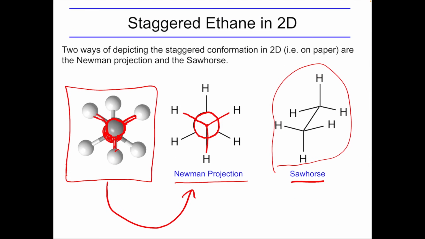So we draw the one that goes up, one that goes to the left, and one that goes to the right. You can tell which hydrogens are on the front carbon because the bond to them extends all the way to the center dot. And you can tell which hydrogens are on the back because they stop once they hit the back carbon, which is the big ball.